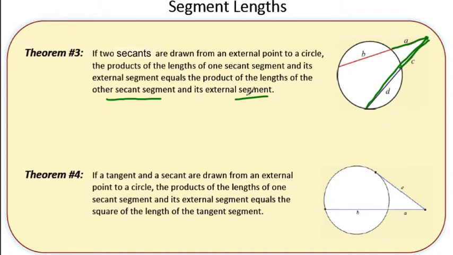So the way I can write this out using variables is we have a times the entire secant, a plus b, is going to equal c times c plus d. All right? So we're going to see what that looks like with numbers here in a few minutes.